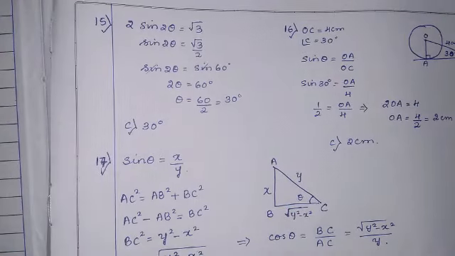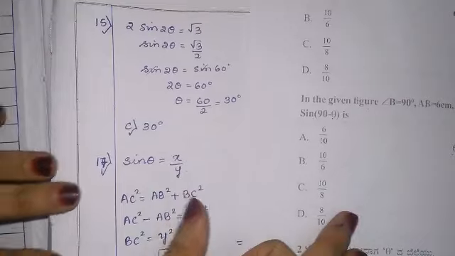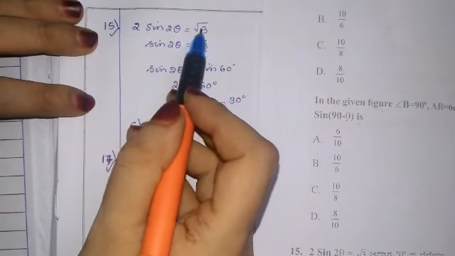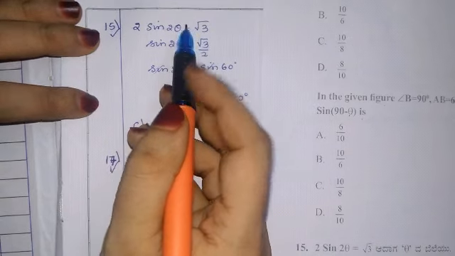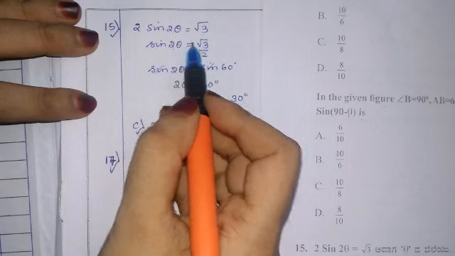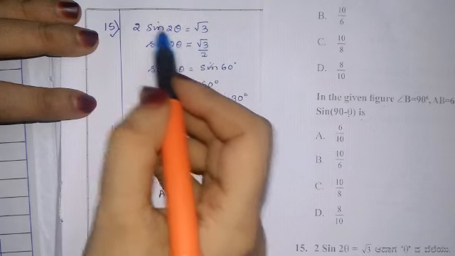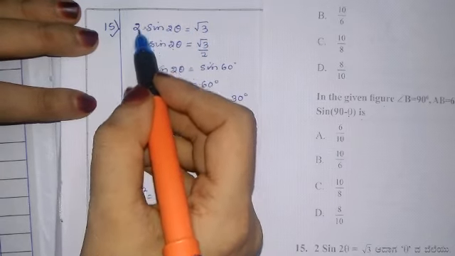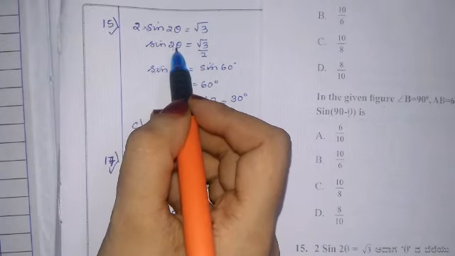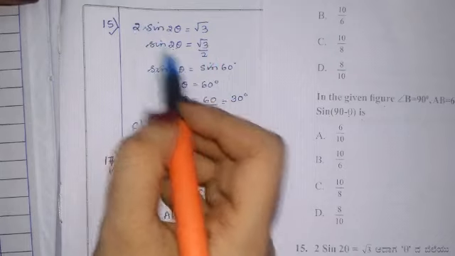Let us check now. Here 2 sine 2 theta is equal to root 3, it is the given question. I'll keep sine 2 theta here only, equal to root 3 upon 2, because the 2 is in multiply position; if we bring it here, it becomes divide. So sine 2 theta as it is, root 3 upon 2.